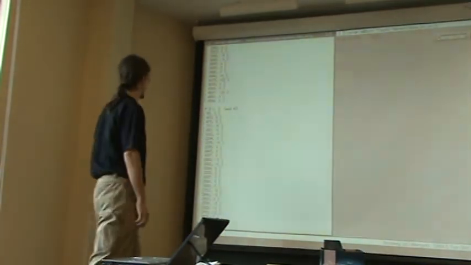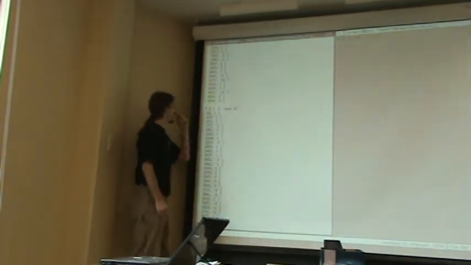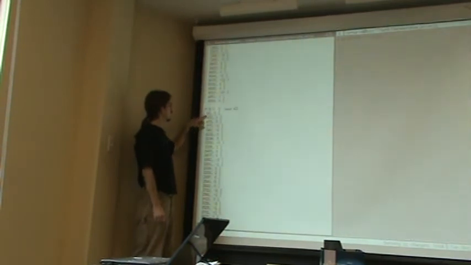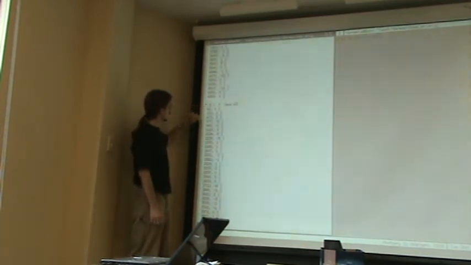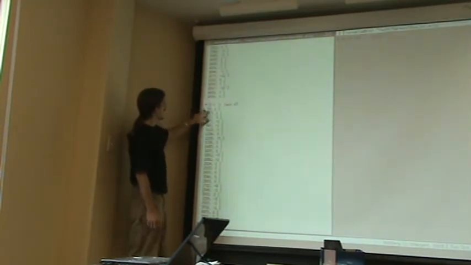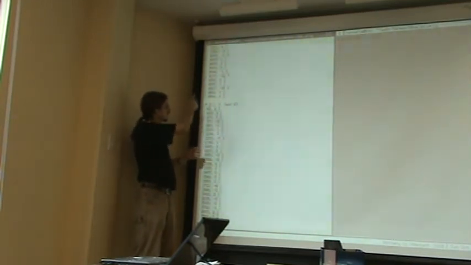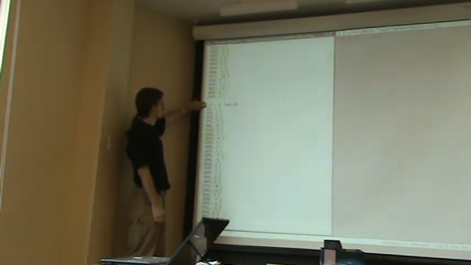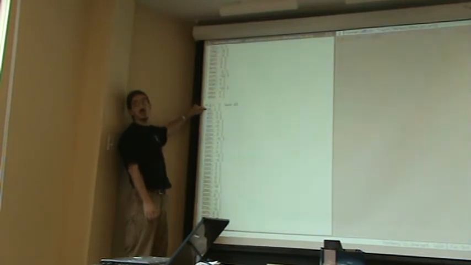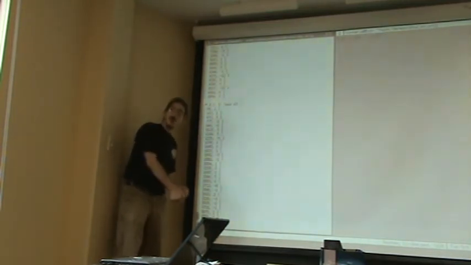So for discriminants, you compute the Stark-Heegner point for the real quadratic field of discriminant 89, and then you trace it down.